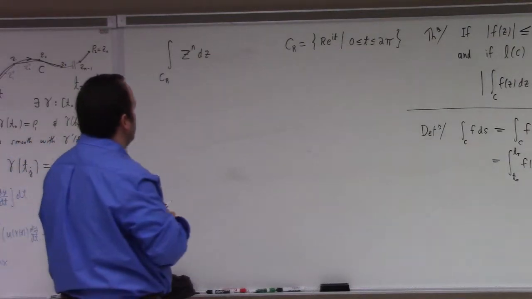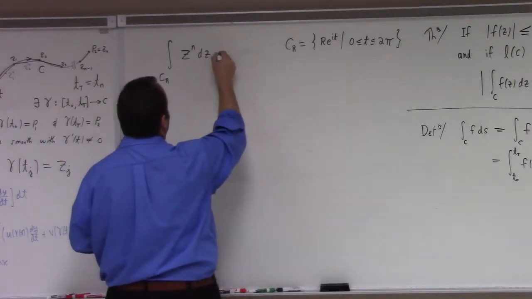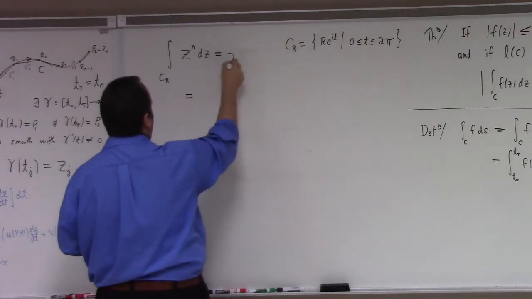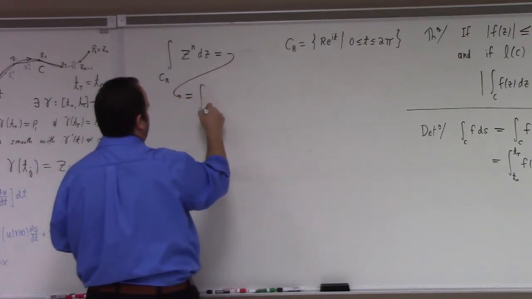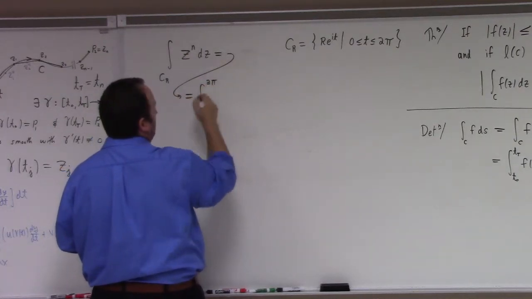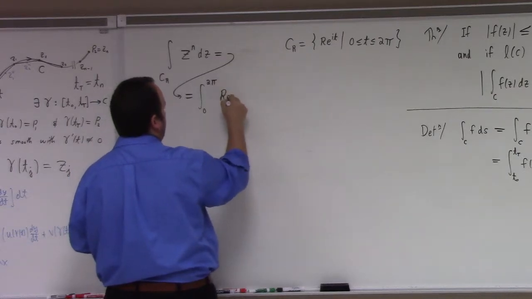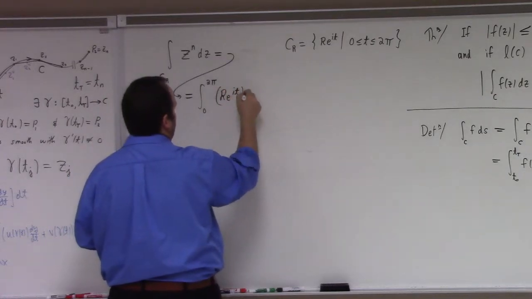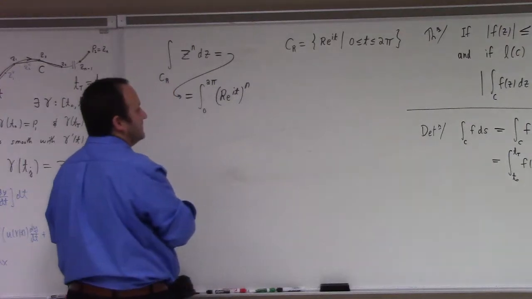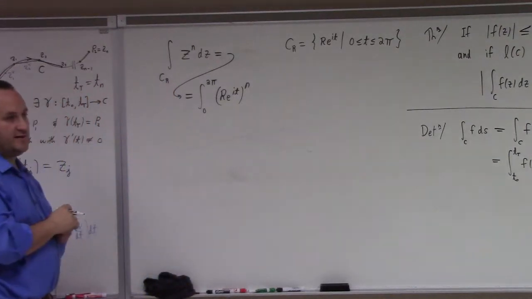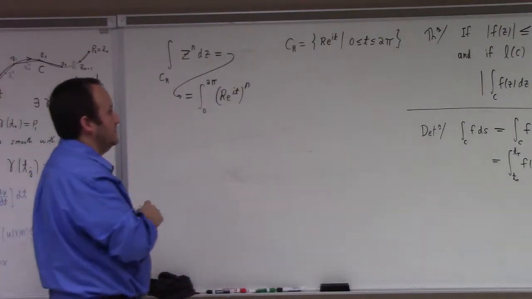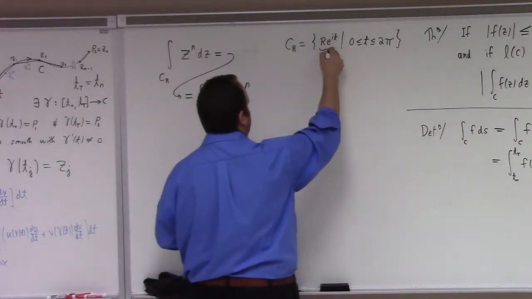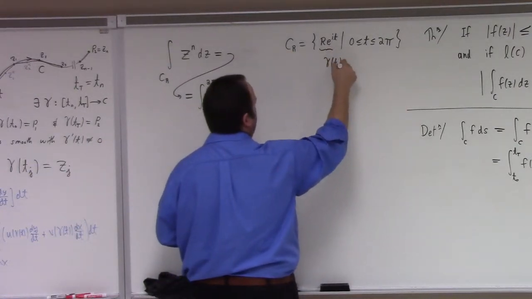So let's calculate the integral of z to the n dz. What's this equal to? So integral from 0 to 2 pi, yeah? And then we've got r e to the it raised to the n power. And what's the definition? I gave you gamma of t. It's right here, yeah?